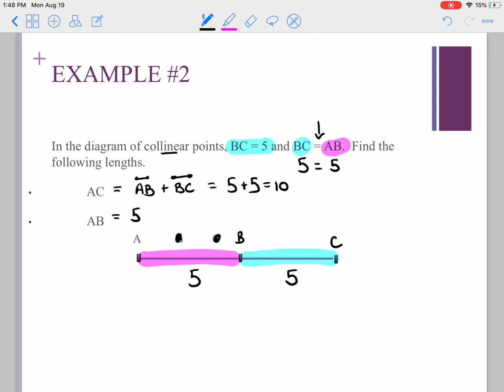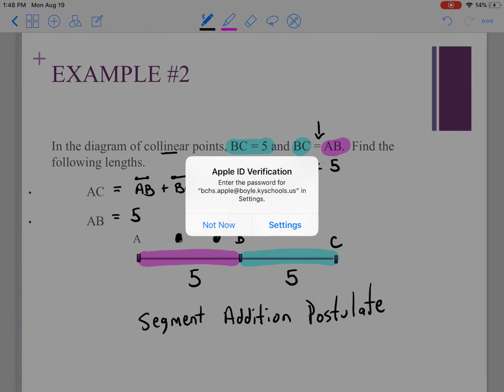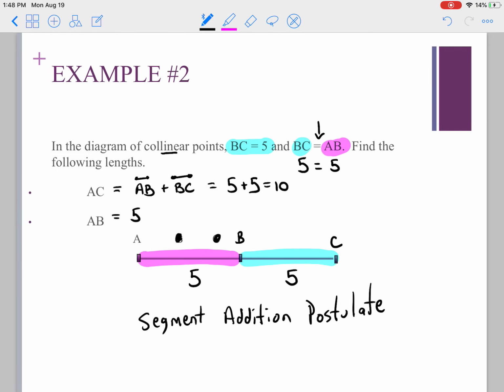We're simply using the segment addition postulate with, instead of using the segment names, the segment measures. And using measures, that is why we can use an equal sign. And so AC is equal to 10, and AB is equal to 5.